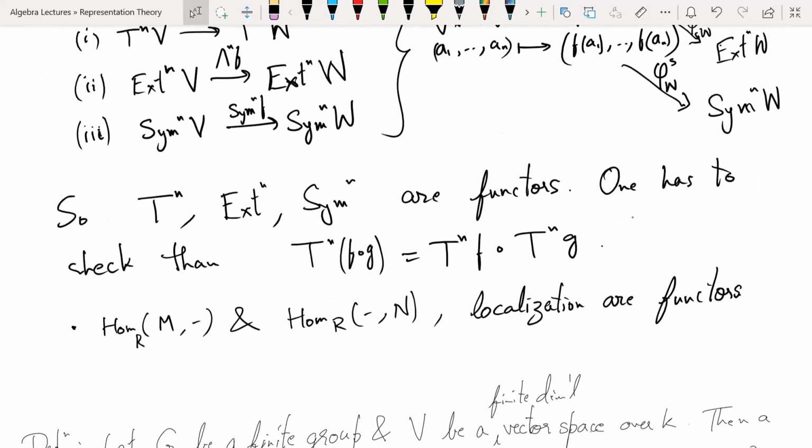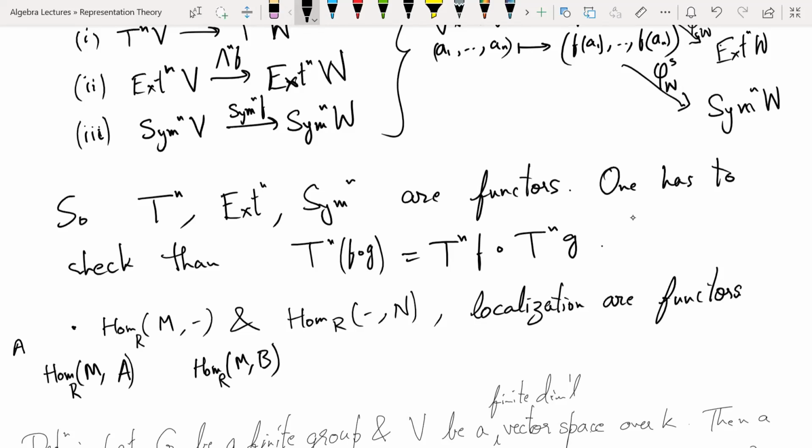So if you have an R module A and an R module B, then of course you have maps. Let me tell you how this Hom(M, -) works. We know that Hom(M, A) is an R module. Similarly, Hom(M, B) is an R module.